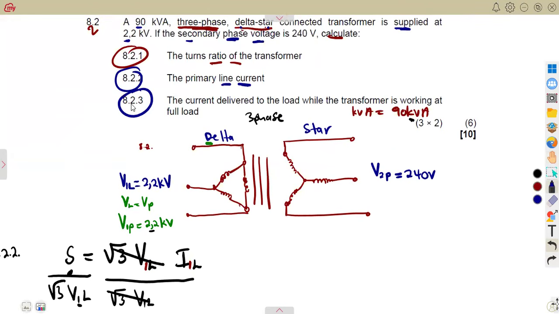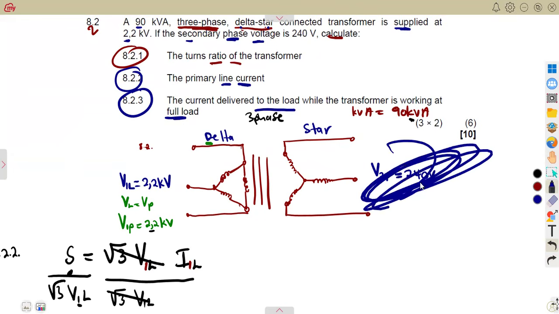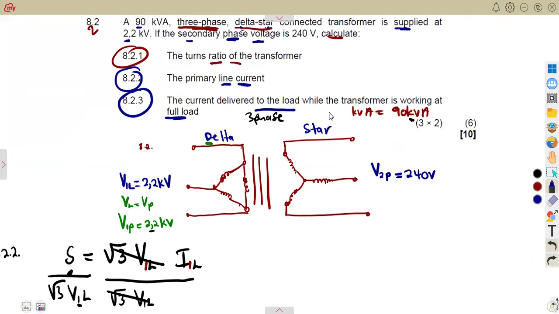All right, 8.23. The current delivered to the load while the transformer is connected at full load. When it is connected, the current delivered to the load is at the output on the secondary side, the current that is being taken to the load.